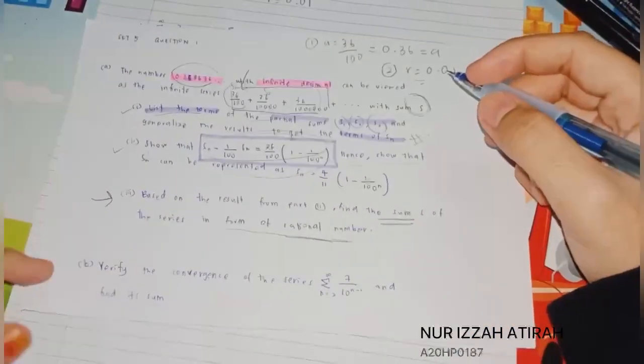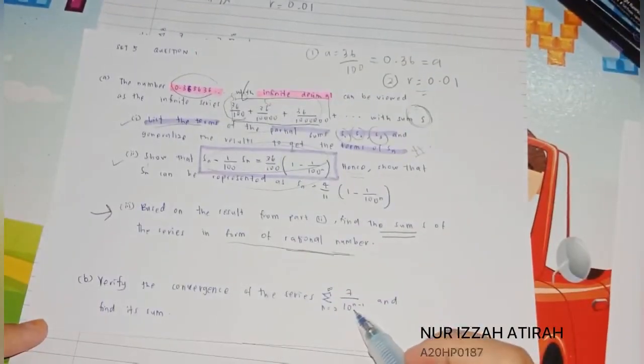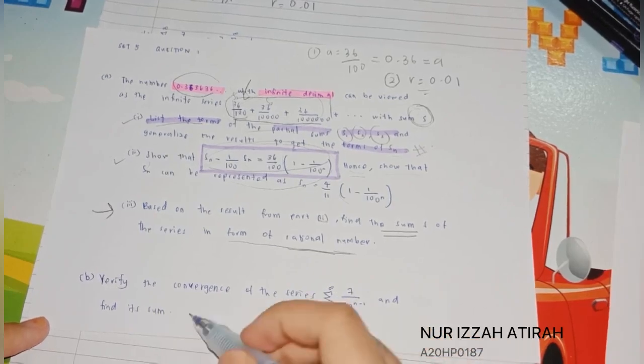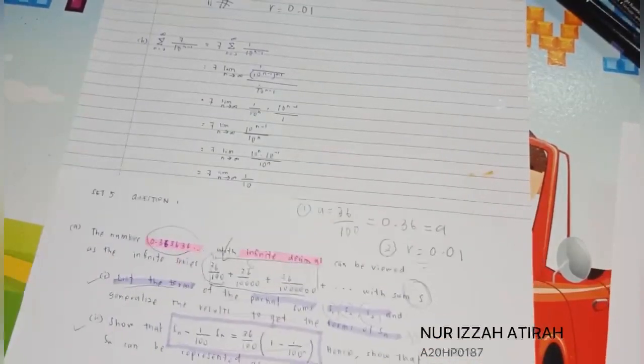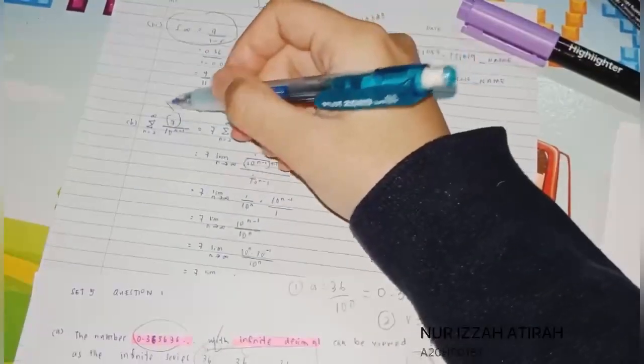Next, for question 1B: verify the convergence of the series, the sum of 7 over 10 to the power of n minus 1, from n equal to 2 until infinity, and find its sum. Now what should we do with this question? We need to make sure that 7 is getting out.